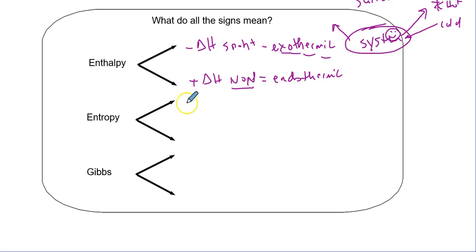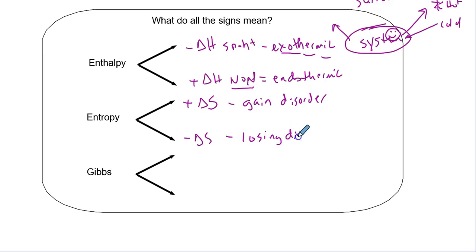Entropy. If a system has a positive delta S, that means the system is gaining disorder. A negative delta S means that the system is losing disorder. Now, again, it's referenced in terms of the system. Which one happens?